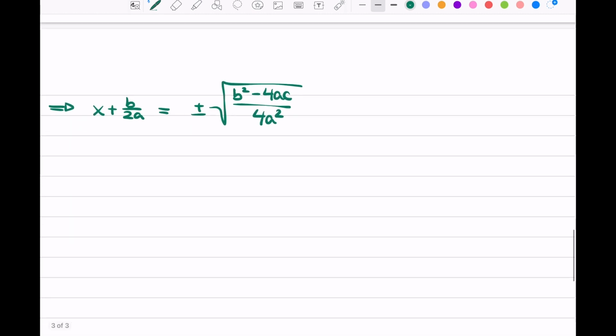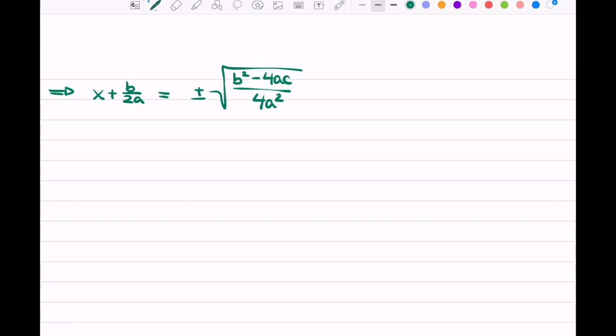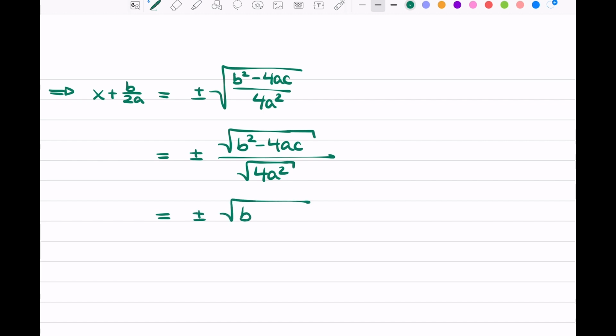Now we're going to rewrite the right side again. Using our properties of square roots, we can rewrite the right side as the square root of b squared minus 4ac divided by the square root of 4a squared. Using another one of our properties, we'll focus on the denominator.